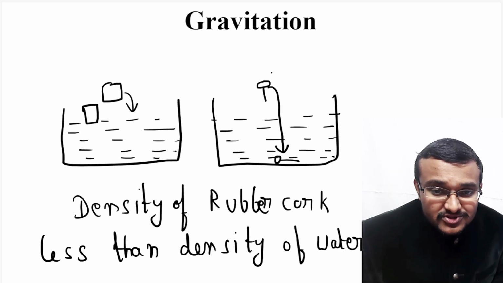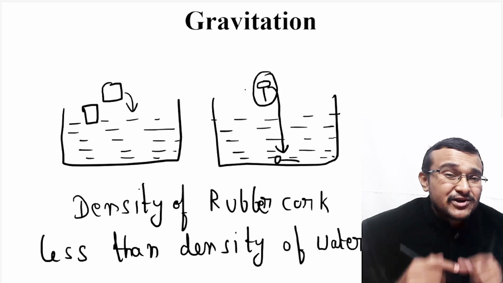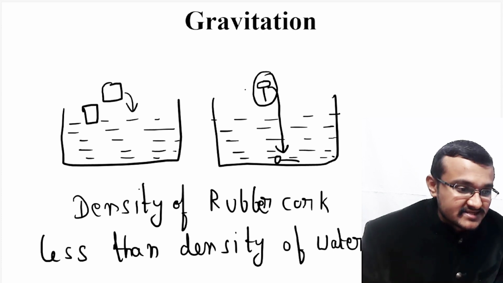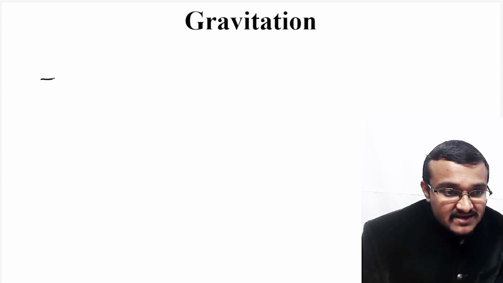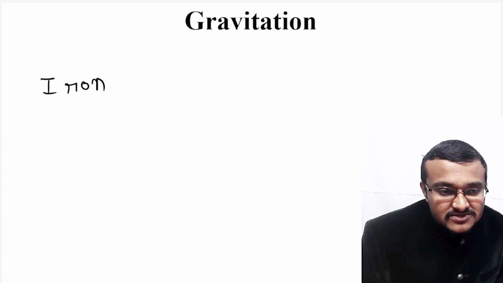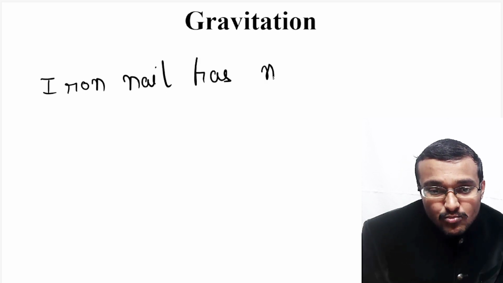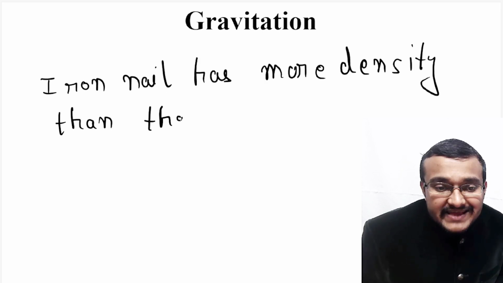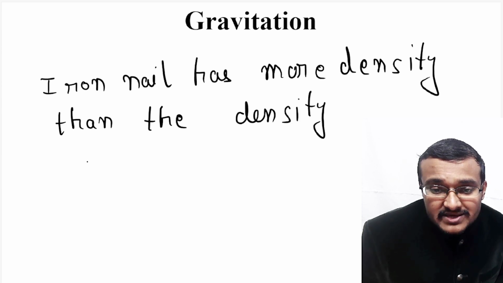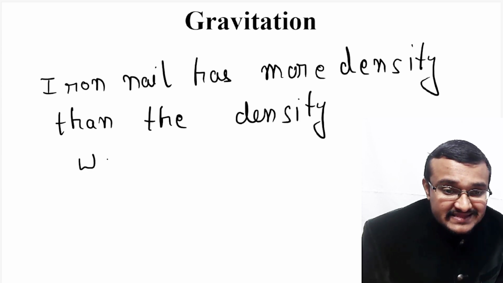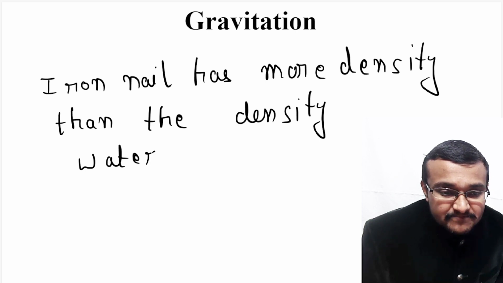Here the nail, which is made of iron, has more density. So in the second case, the iron nail has more density than the density of water.